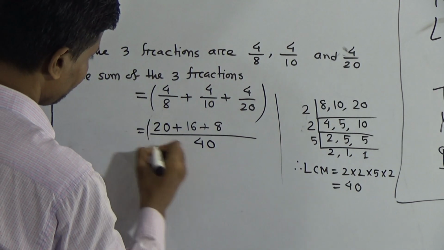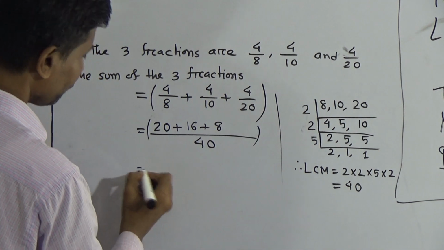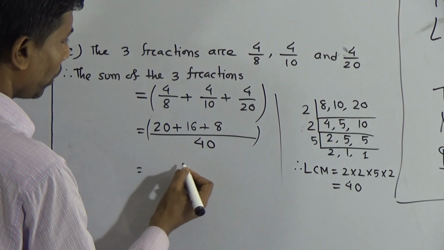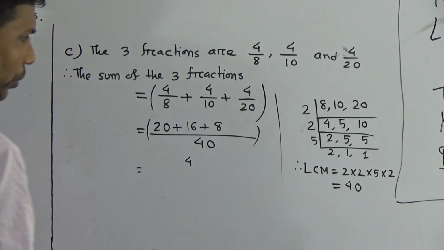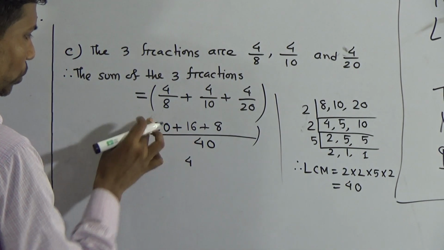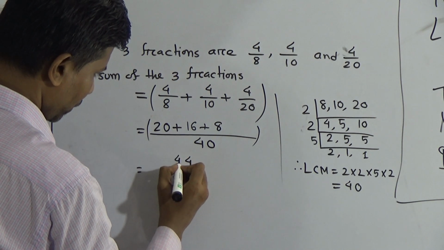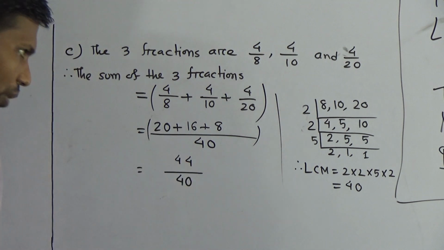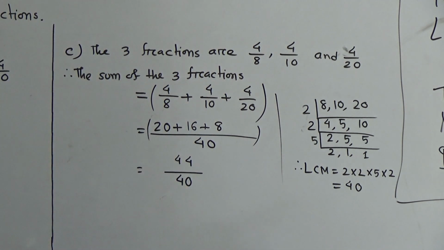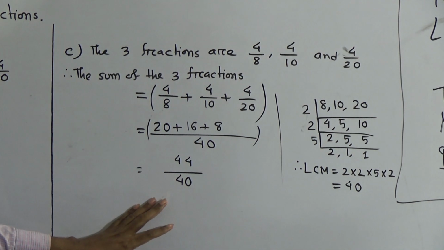Now this is equal to what? 8 plus 6, 14. You have 1 in your hand. 1 plus 1, 2, 2 plus 2, 4. That means 44 by 40.